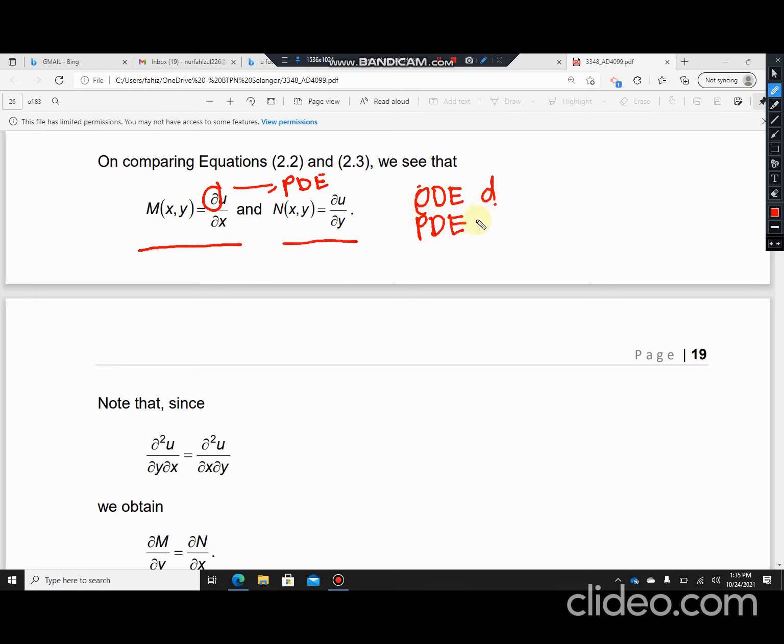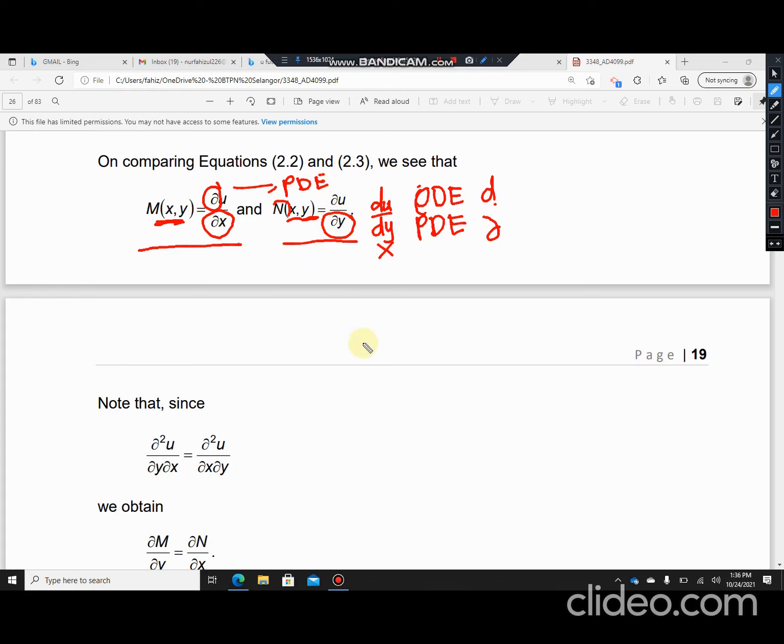For ordinary we use d, for partial we use delta. Later I will show the difference between ordinary and partial. So for ∂u/∂x, it means you just differentiate M with respect to x, even though it has a function of x and y. Also N(x,y): here for the function N we only differentiate with respect to y. So that's why we put ∂x, ∂y. We cannot write du dy, because that is an ordinary differential equation. Since it has two variables x and y, but we just differentiate with respect to y, you must use delta. That is what differentiates ordinary and partial.